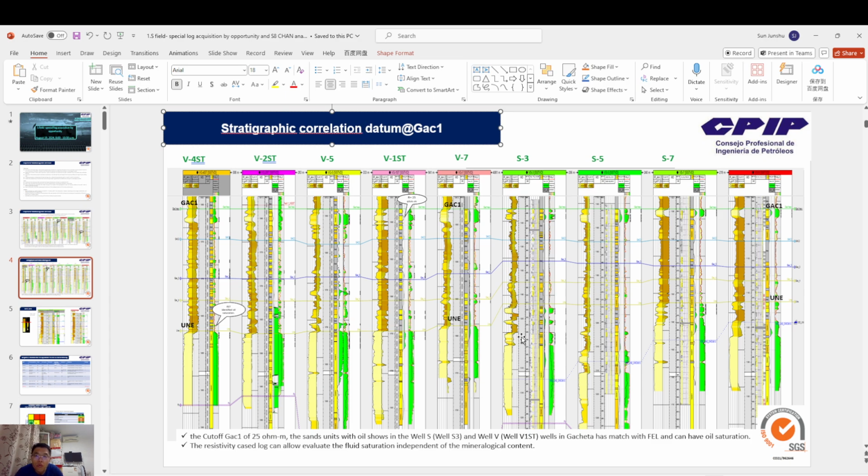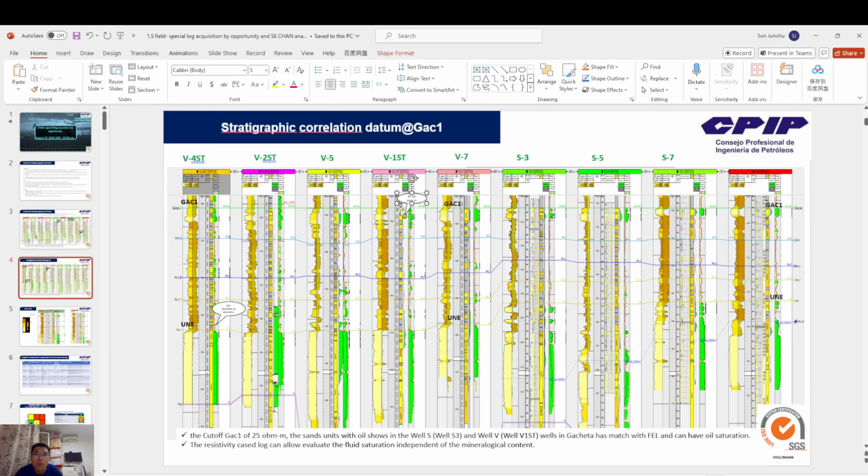So from well S3, we can see the cutoff of Gajita 1 is 25 for resistivity. The sand unit with oil shows, and in well V1 sidetrack, Gajita has matched with FEL and can have oil saturation. So this part is 25.